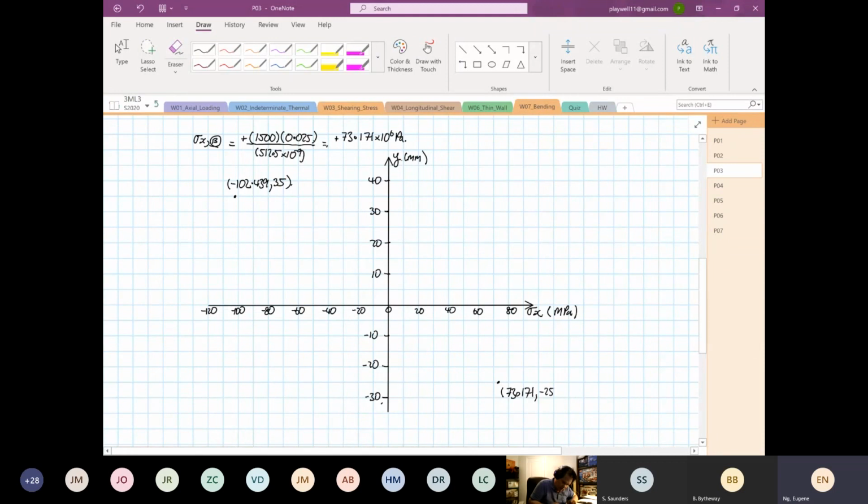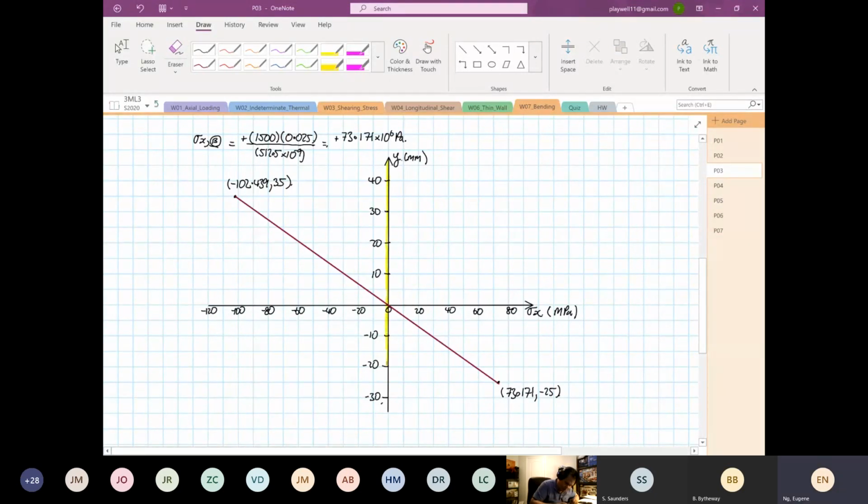So now we can draw a straight line. Yeah, the eyeball is good now. Okay, so this is how your stress will distribute. And as I mentioned before, at the center is where you have your material, right?